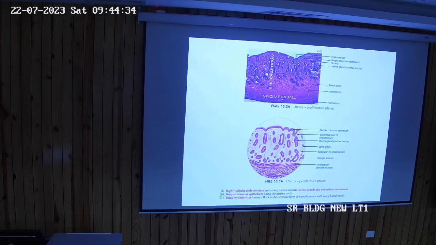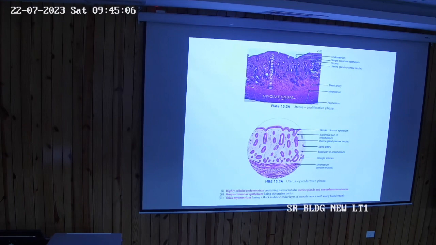They are spiral in shape, while the blood supply of the stratum basale is straight. That is the reason during menstruation the spiral arteries rupture, and that is the cause of the menstrual bleeding. So these are the changes which are seen grossly.